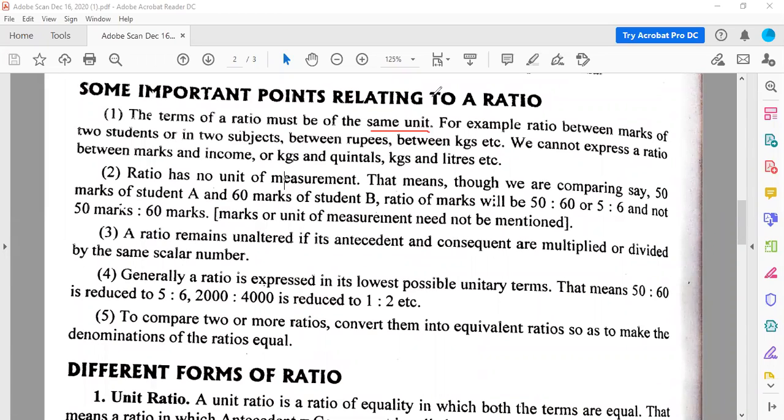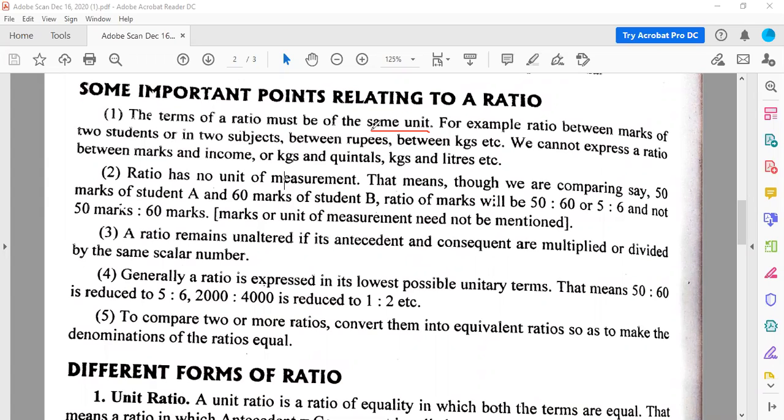For example, when we are expressing the ratio between the marks of two subjects, or the marks of two students in one subject, or the currency between two countries, or the quantity between two products, that quantity should be given in kgs only or quintals only, tons only. They have to give the similar kind of weights. So that is the same unit.